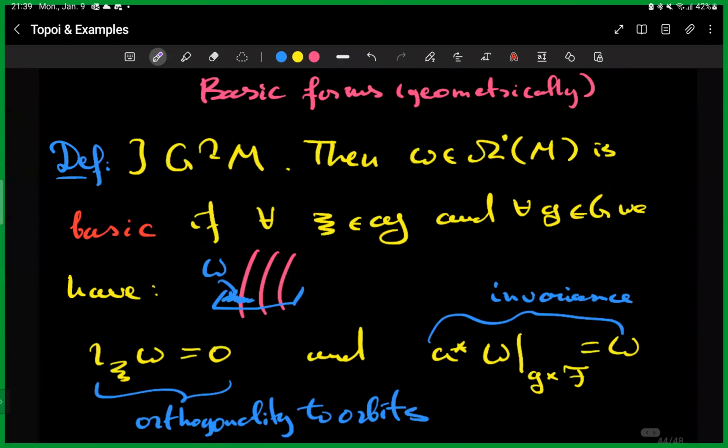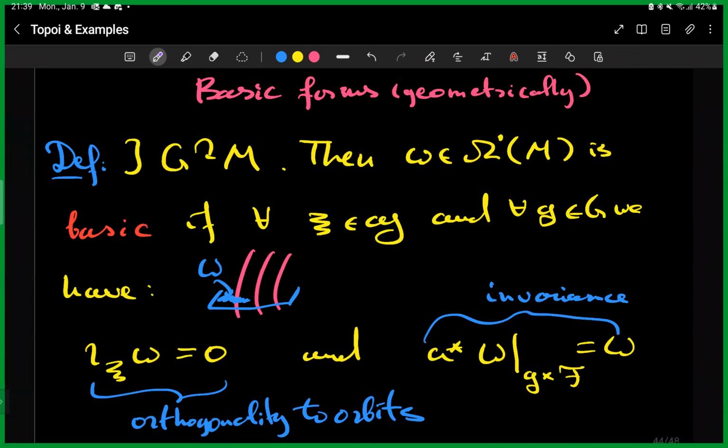So what are basic forms geometrically? We already had an algebraic description, but we can also have a geometric description. Assume for simplicity that the Lie group acts on a manifold.